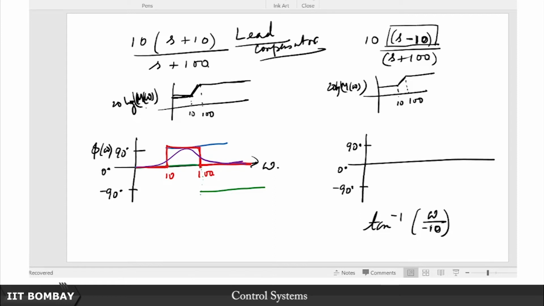You see, at omega equal to 0, or rather very small values of omega, the imaginary part is a very small positive quantity. So where is such a complex number sitting?